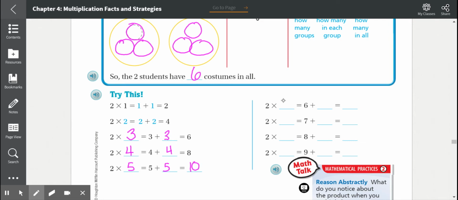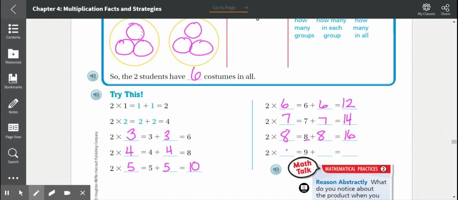2 times 6 is the same thing as 6 plus 6. And 6 plus 6 is 12. 2 times 7 equals 7 plus 7. Think, what's 7 plus 7? It's 2 more than 12, 14. 2 times 8 would equal the same thing as 8 plus 8, which is 16.